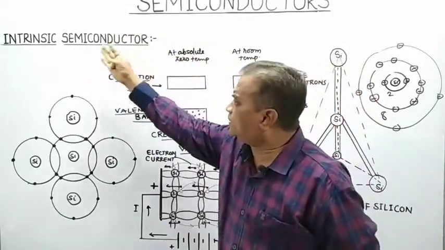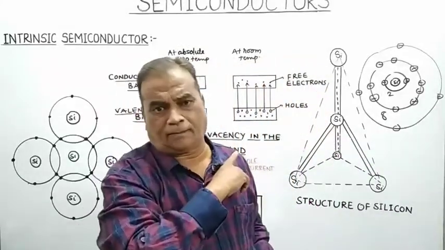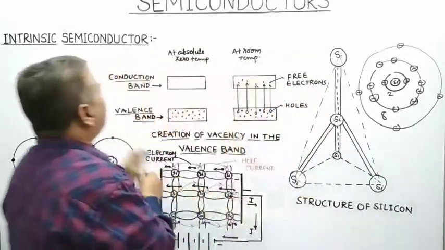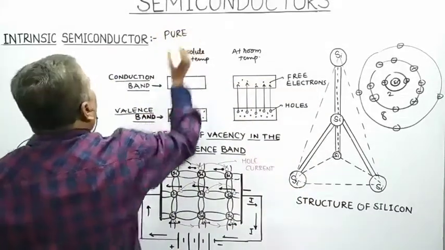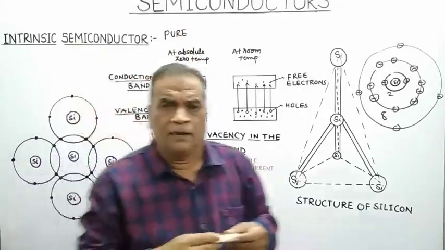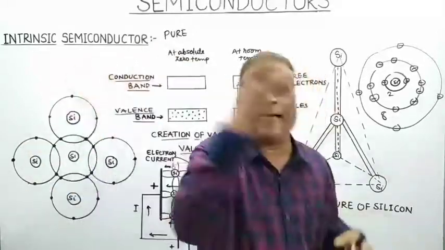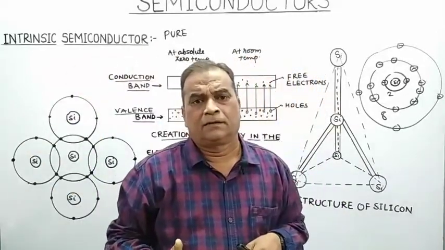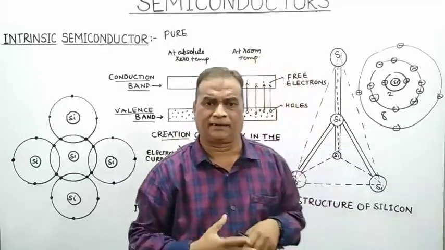Now, which semiconductors are called intrinsic semiconductors? Any pure semiconductor is called an intrinsic semiconductor. A semiconductor to which some impurity atoms were added is called an extrinsic semiconductor.